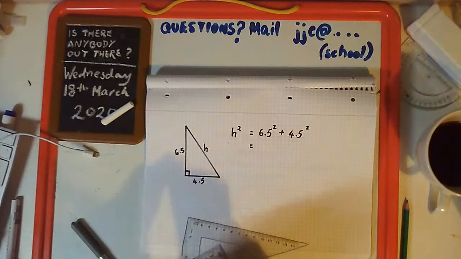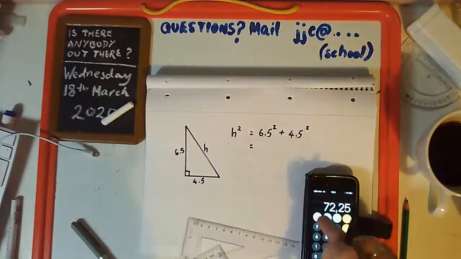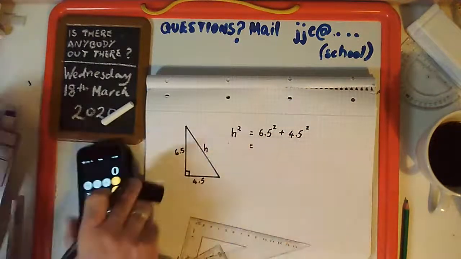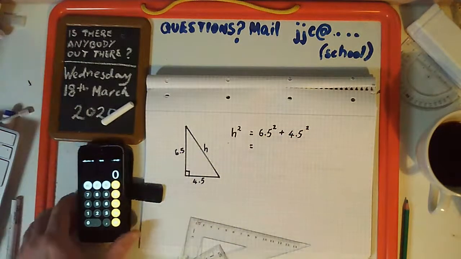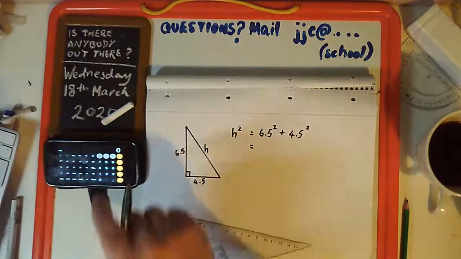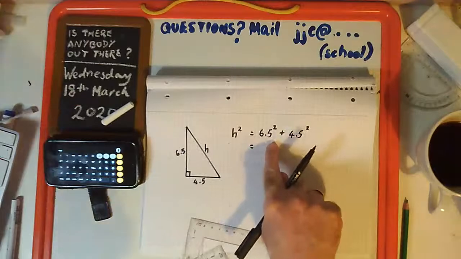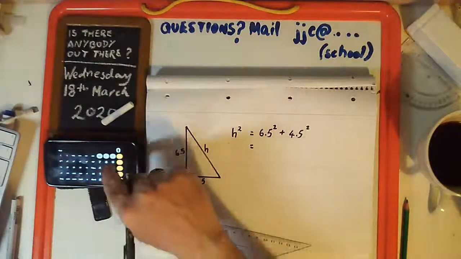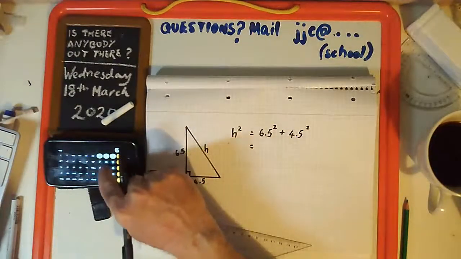Okay, so let's get my calculator up on this slightly useless iPhone. And let's put that there so we can see it, and turn it around so I get the scientific calculator. Okay, so 6.5 squared means 6.5 times itself. It doesn't mean 6.5 times 2.